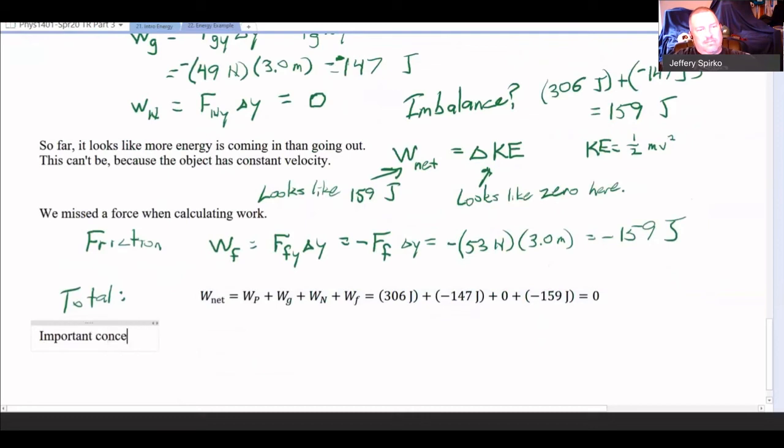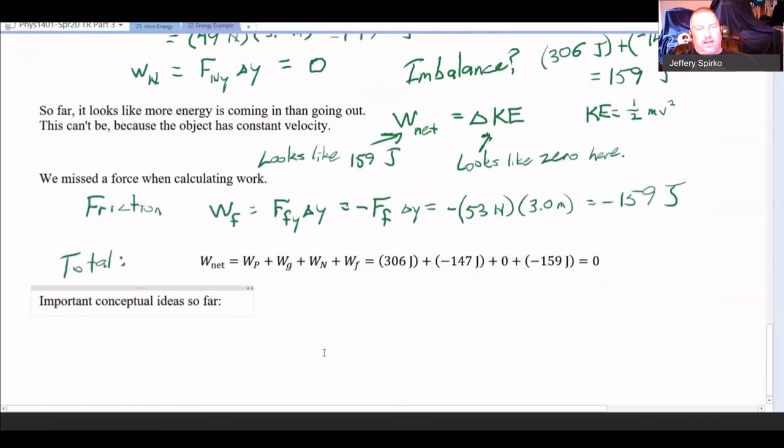And there were a couple of important conceptual ideas so far. The work due to the normal force equals zero. That happens a lot in our energy analysis, where the normal force doesn't affect the balance of energy.